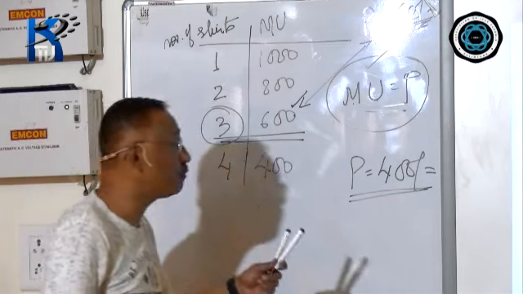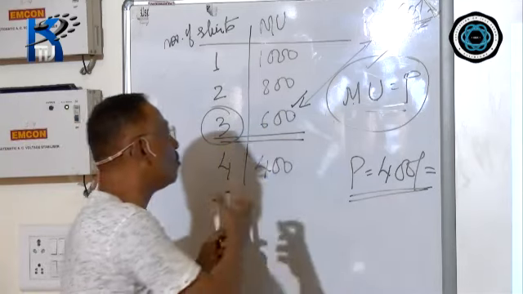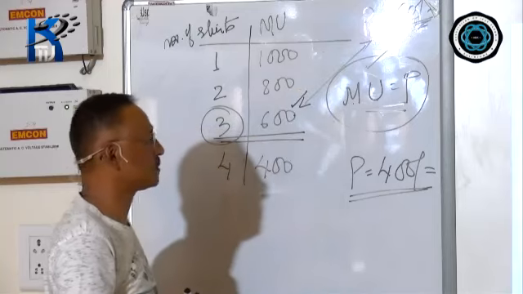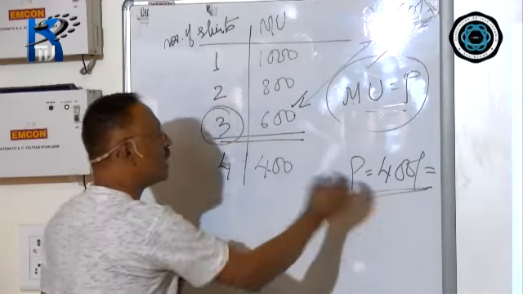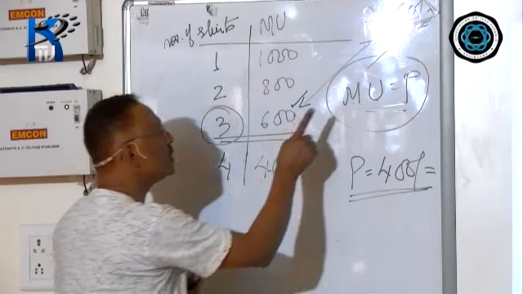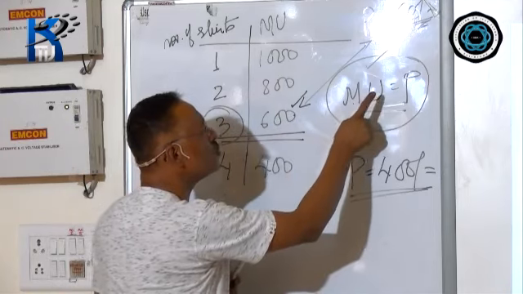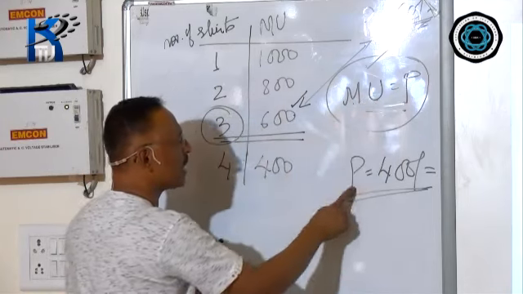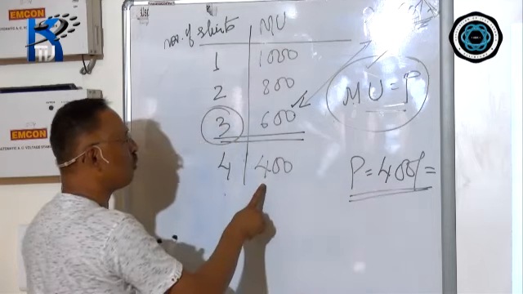But we have to prove why a consumer buys more when the price falls. When the price is 400, consumer's equilibrium is reached when MU is equal to P. Price 400, MU 400.